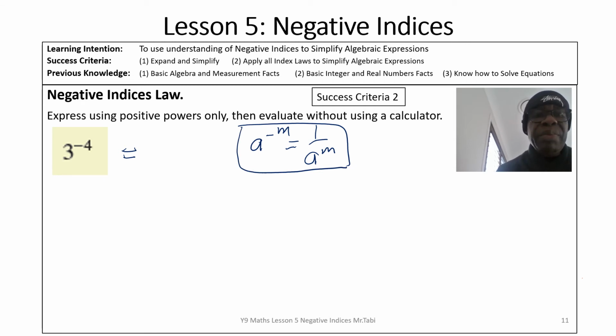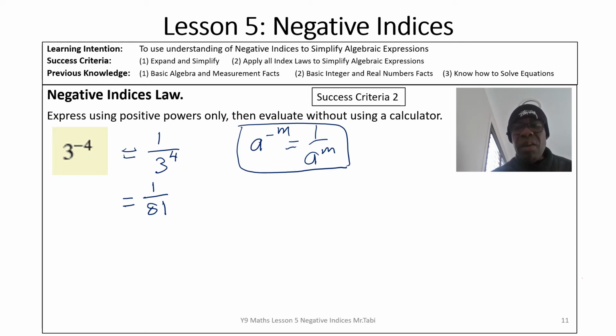So this is simply 1 over 3 to the power of 4, and this is equal to 1 over 81, because 3 to the power 4 is 81.